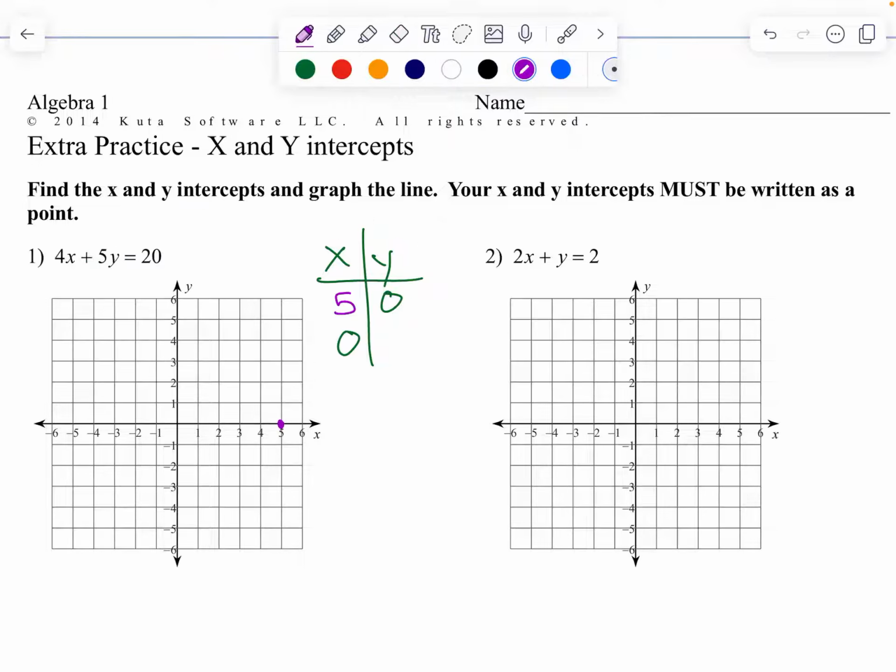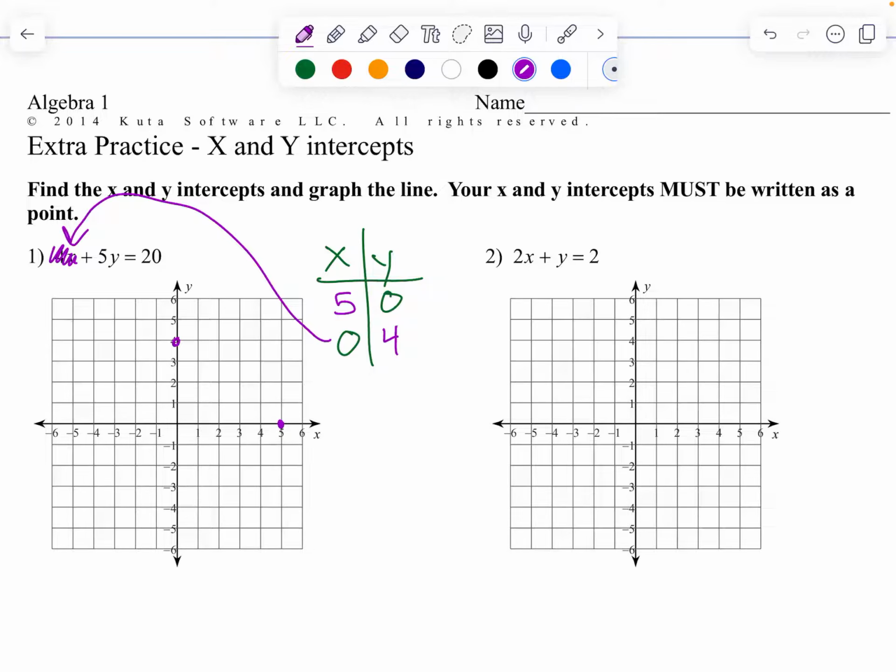Next, I'm going to find the y-intercept by substituting a 0 in for x. So that goes right over here. 4 times 0 is 0. So it's like it disappears. And then we just solve 5y equals 20. And 5 times 4 is 20, which means that the y-intercept is at 4. So that's the other intercept.